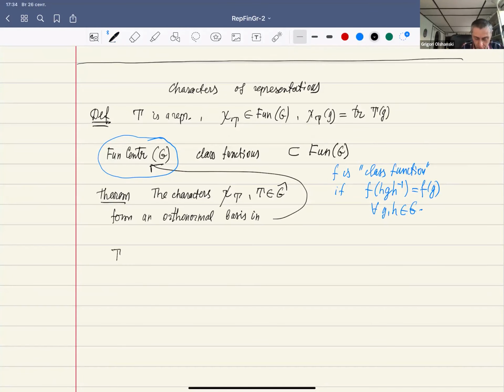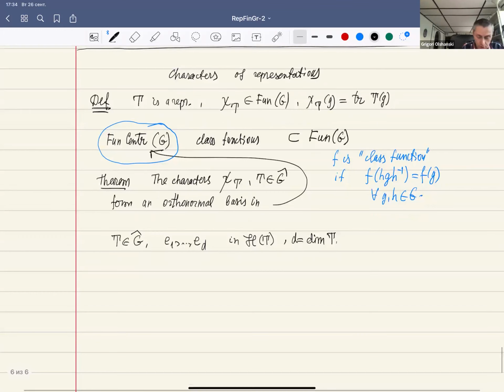say T is irreducible, and take an orthonormal basis in the space of our representation, and d is the dimension. And then by the very definition, the character is the same as the sum of diagonal matrix coefficients. Okay?